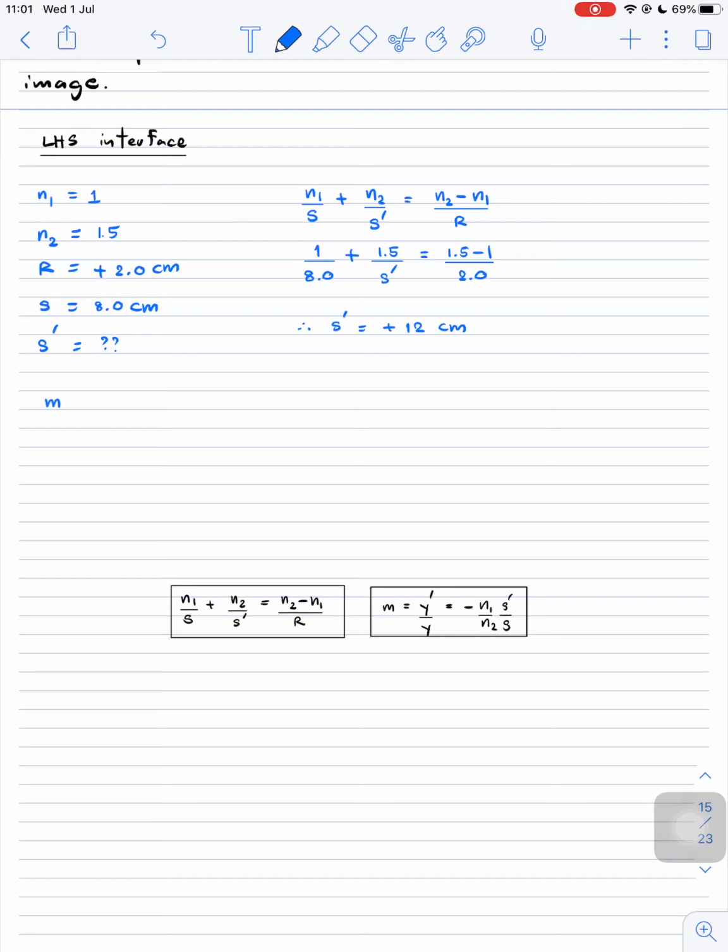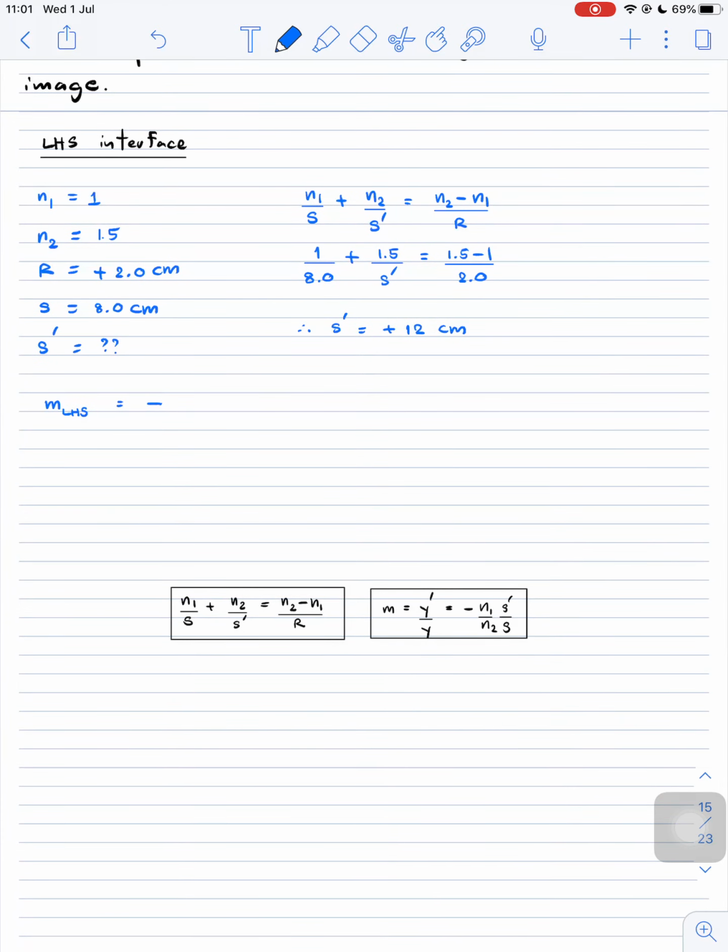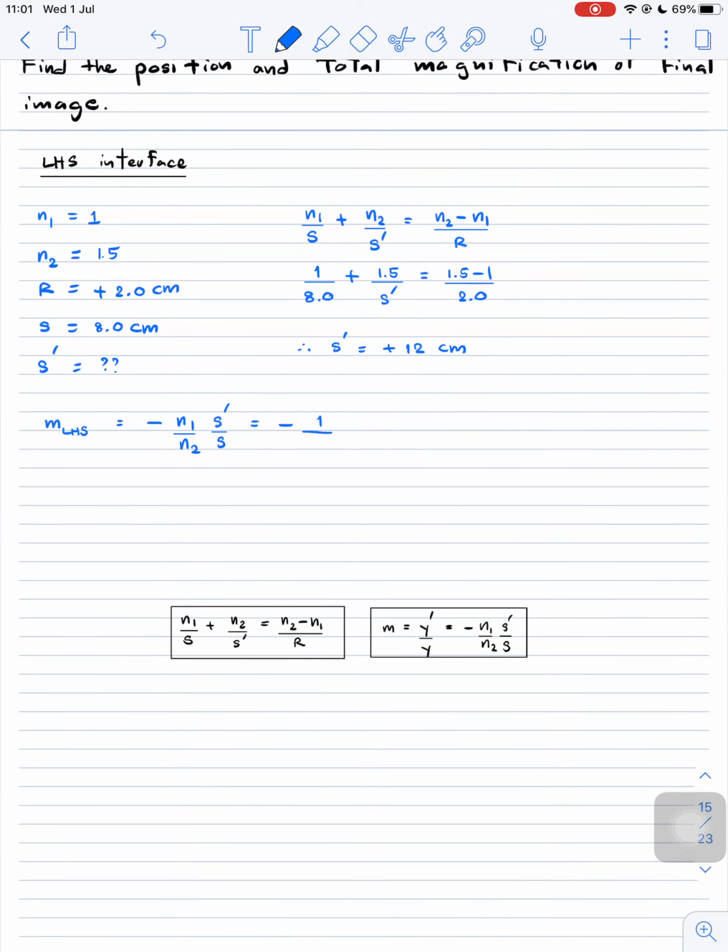The magnification on the left hand side, let's say LHS for left hand side, equals minus n1 over n2 times s prime over s. n1 is just equal to 1 and n2 equals 1.5, s prime is 12 centimeters, and s equals 8.0. Then we get that the lateral magnification equals minus 1.0.